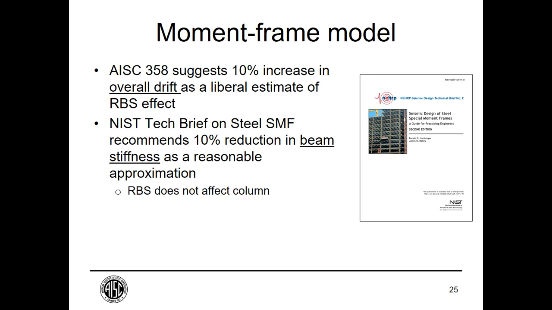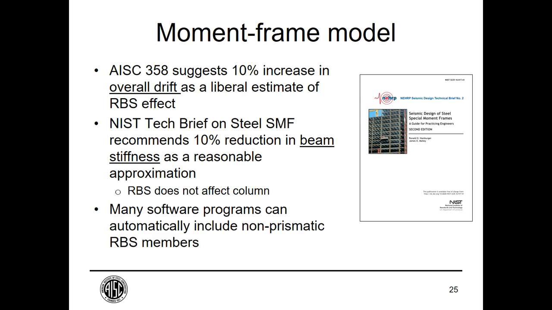The reduced beam section obviously doesn't directly affect the column. I will note that many software programs allow you to model the RBS directly, to put in how much you are reducing that, and the software does what it does best: sets up the actual elastic stiffness of the system that you're designing, and calculates the drift appropriately.